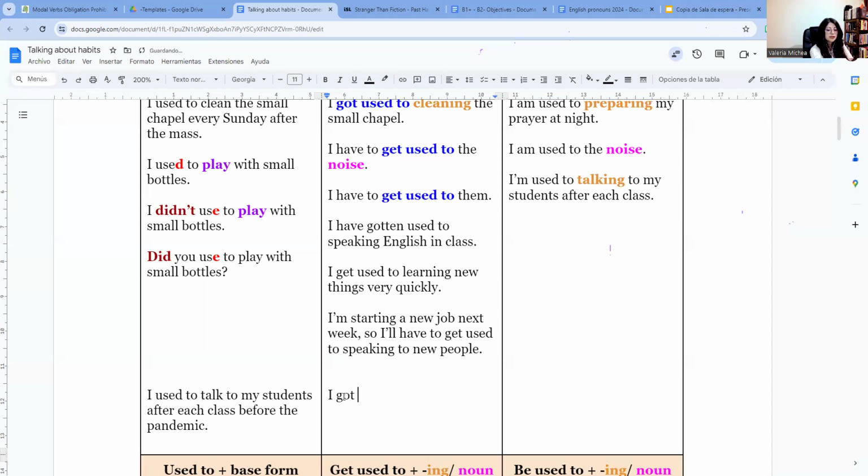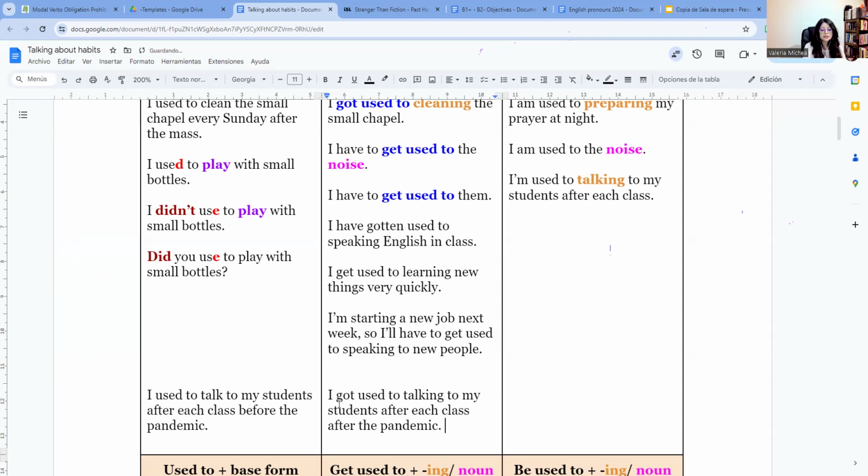Then if I wasn't used to this and I had to get used to this, I could say I got used to talking to my students after each class after the pandemic. I don't know.